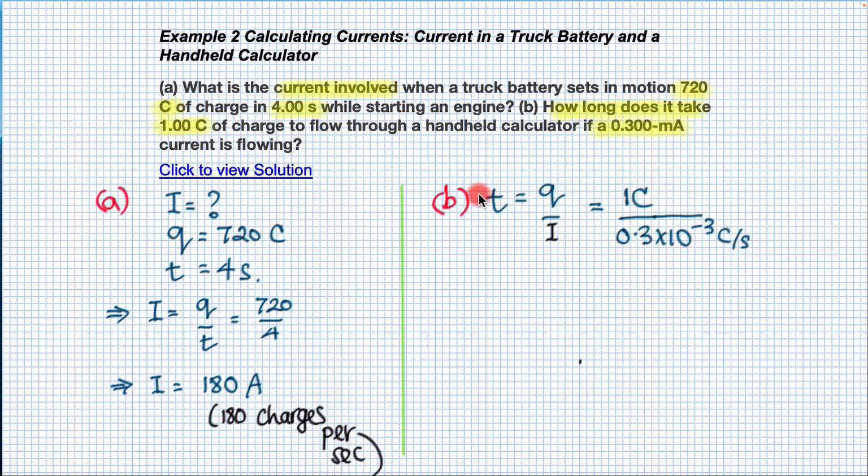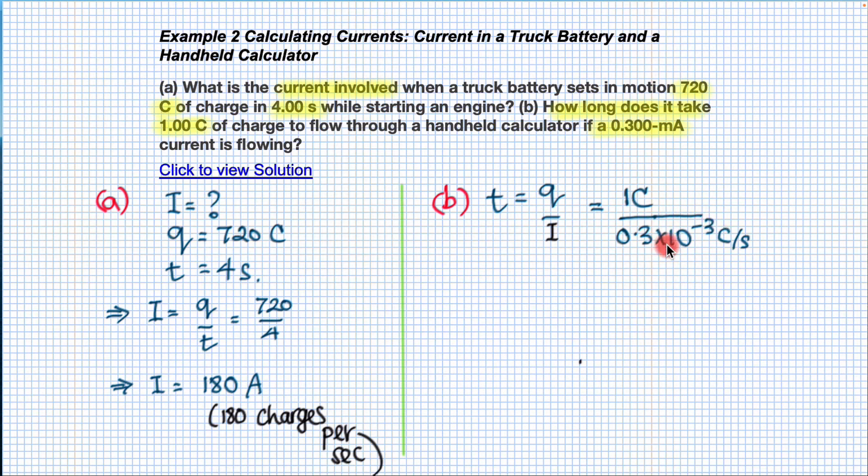This time we want to find the time. We're asked to find how long does it take if we have this 0.3 milliamps, which is the current, and we've got 1 coulomb of charge, which is Q. So 1 coulomb.